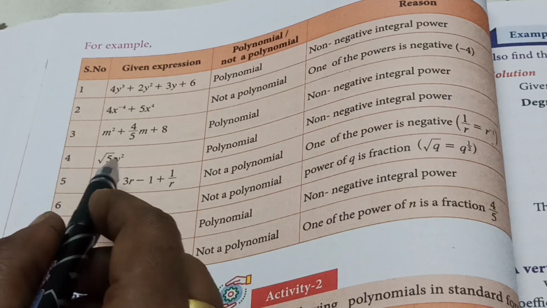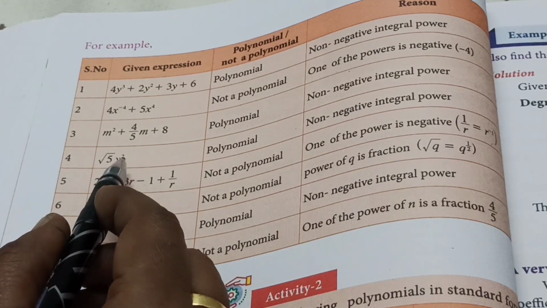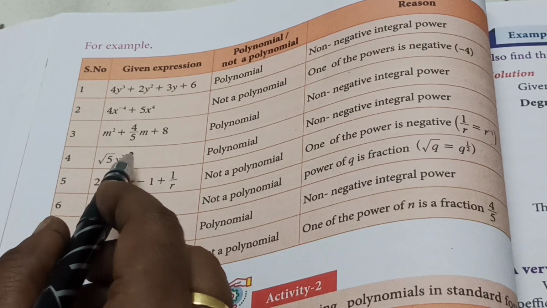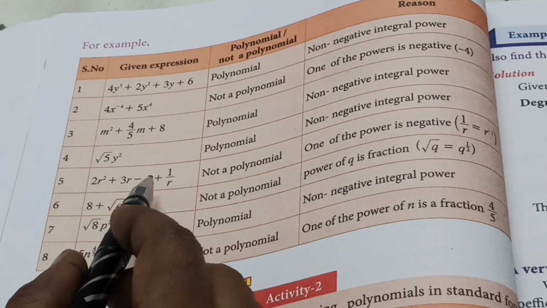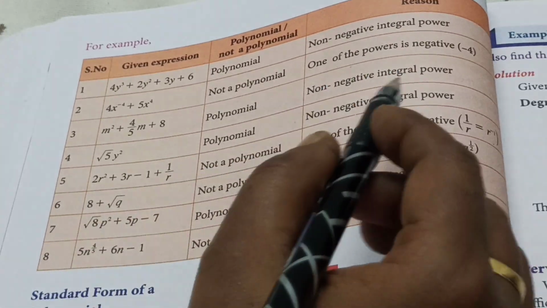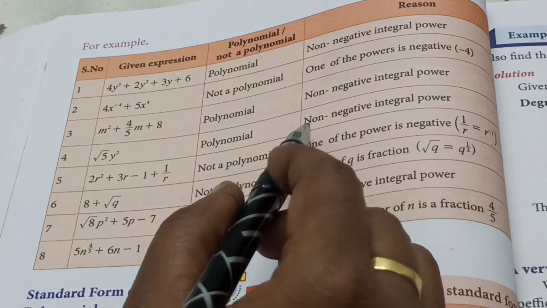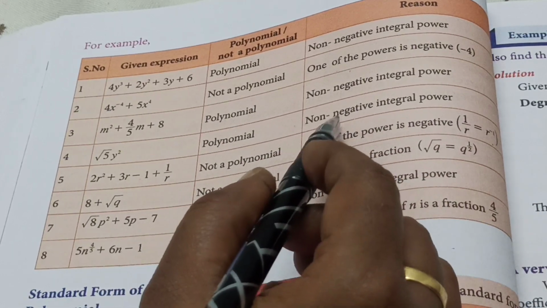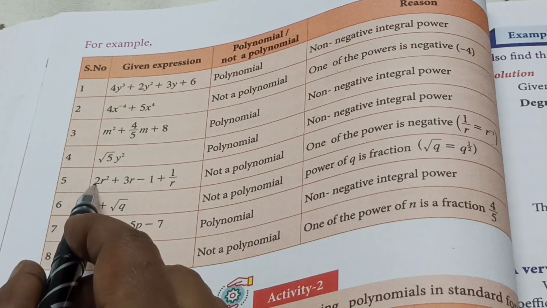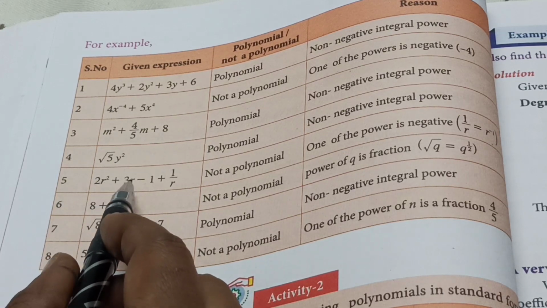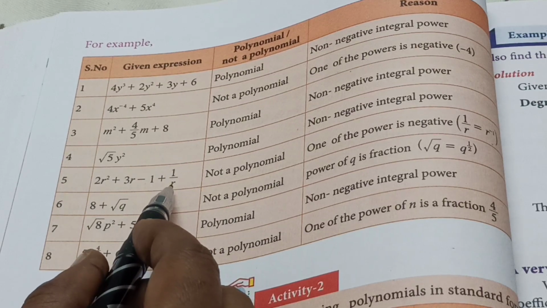Okay, fourth one. Here square root of y power 2. Okay, y power 2 is the polynomial, isn't it? This is the polynomial. What's the reason? Non-negative integral power. Okay, non-negative. Non-negative means positive. Okay, then fifth one, 2r square plus 3r minus 1 plus 1 by r.